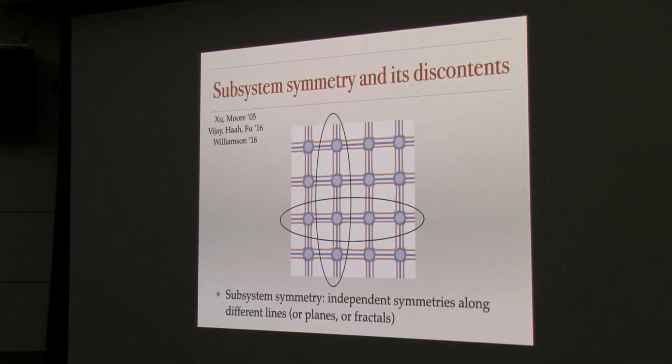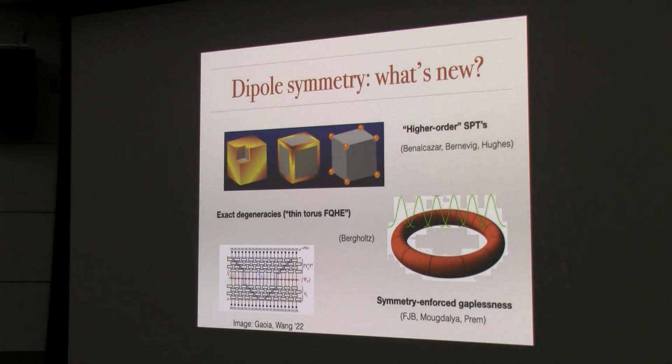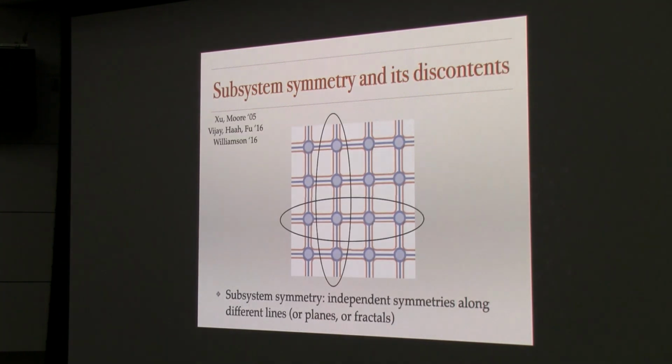Okay. So there's quite a lot of hints, I think, with dipolar symmetry, that there are things there that do not occur when you have, say, just a global charge conservation law.